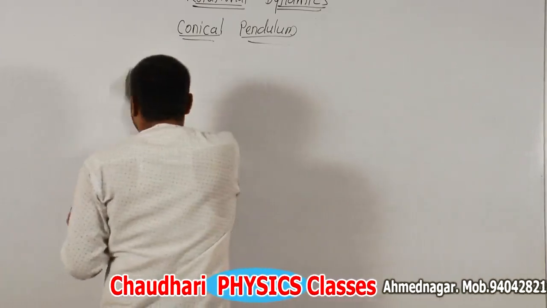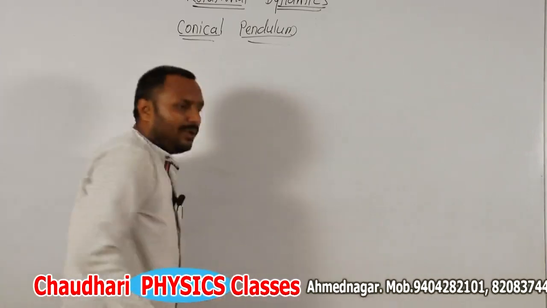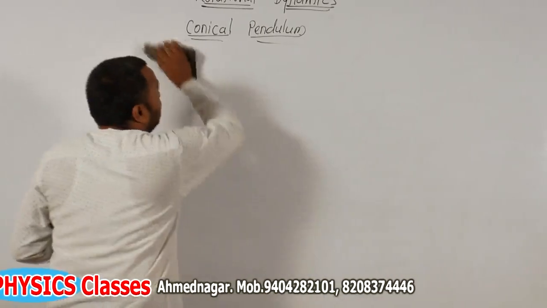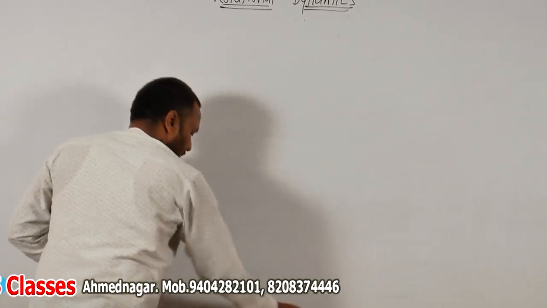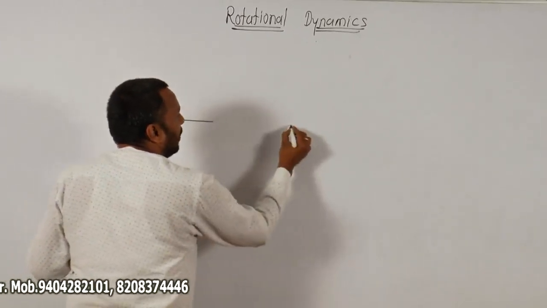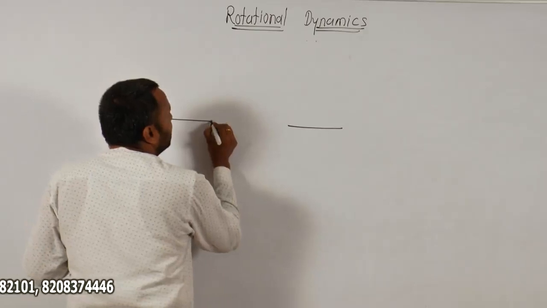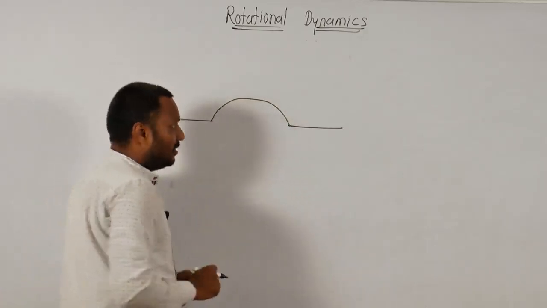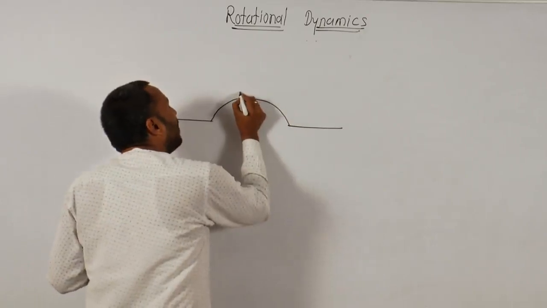Then what is the velocity with which it can move without losing contact with the road? Observe this concept. Here we say this is a road, and this is a speed breaker, or we can say a concave bridge, and the vehicle moves on this.